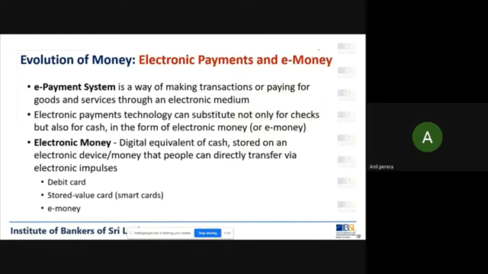In the 20th century, another important development happened. What is that development? Mainly, electronic payments and e-money came into the payment system. So what is e-money? E-money is a way of making transactions or paying for goods and services through an electronic medium.